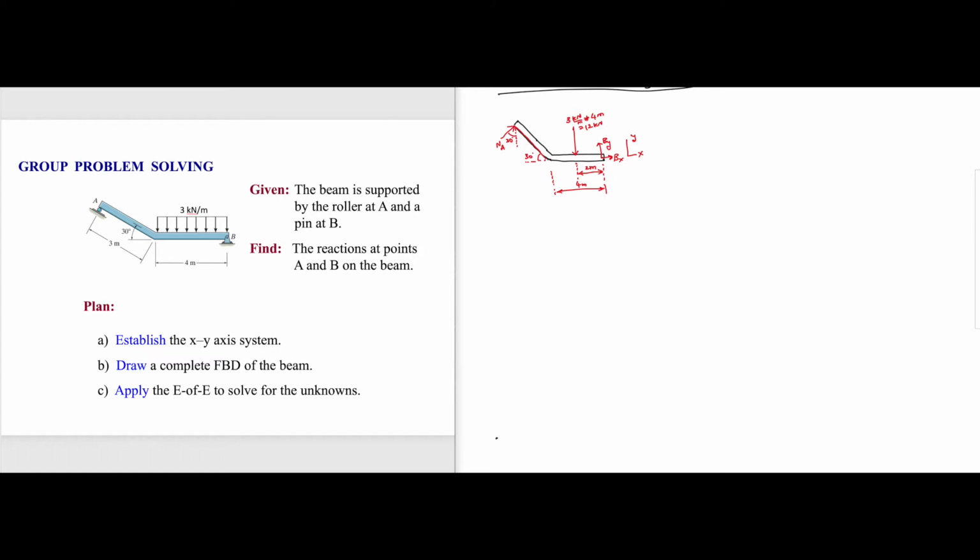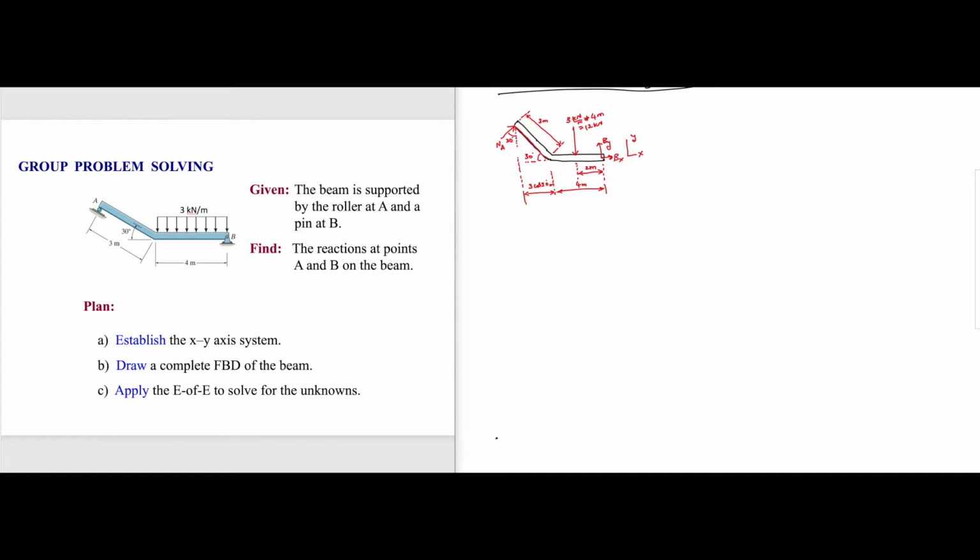And because this length is given to be 3, so the length is given as 3 meters. We can find out this length using trigonometry, which is 3 cos 30 meters.